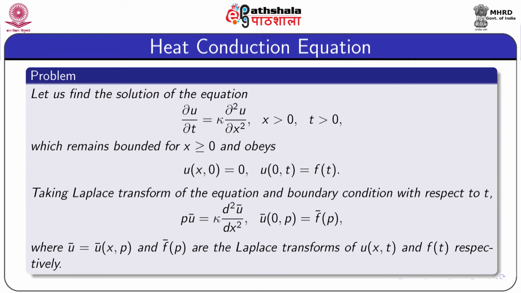Then the left hand side can be written as p into u bar minus u at (x,0), and the right hand side is equal to kappa d2 u bar dx square, where u bar is the transformed dependent variable.